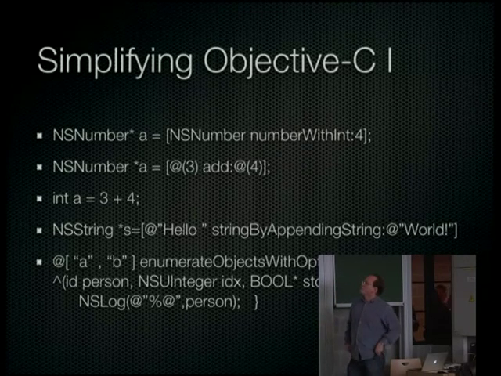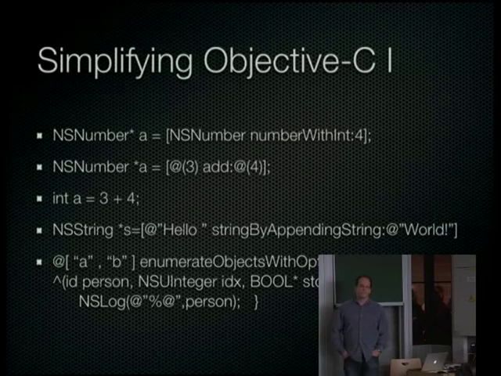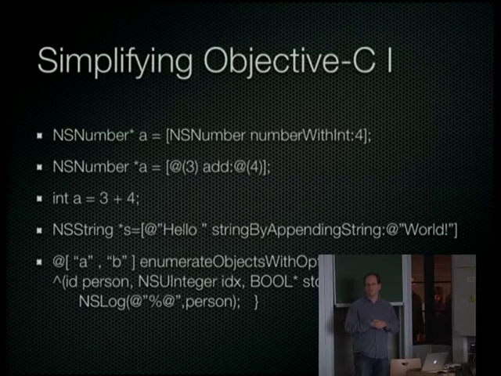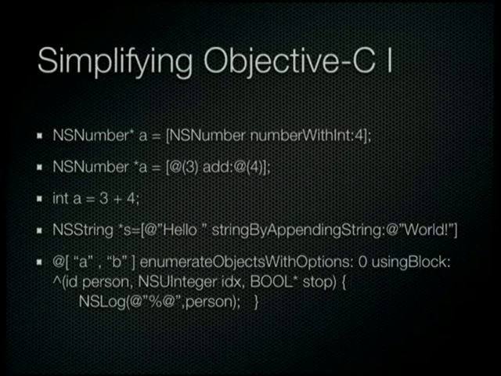Objective-C has really grown over time. It used to be just a system for wrapping C programs in little Smalltalk-like wrappers, but we've kind of stopped doing that. We're actually using the object system, and as that, it's not really very good. I mean, if we want to have an object number that's NSNumber numberWithInt: 4, well, that's not really good. We need the square brackets.